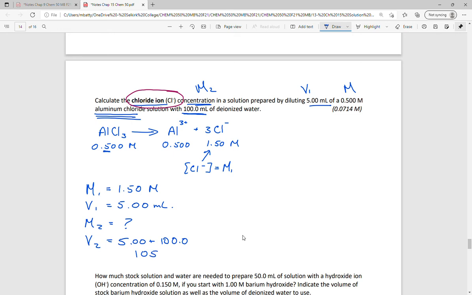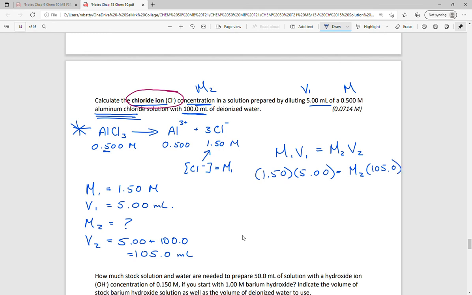So 105 mils. Now that we have done a little bit of extra work, these ones are tricky, right? We can calculate what I'm looking for. I'll keep going and then I'll give you a bit of a disclaimer on this one. This one's definitely easier if I leave it in milliliters.